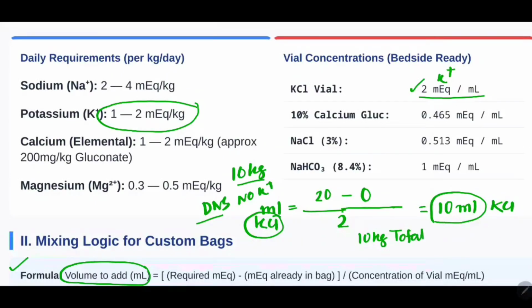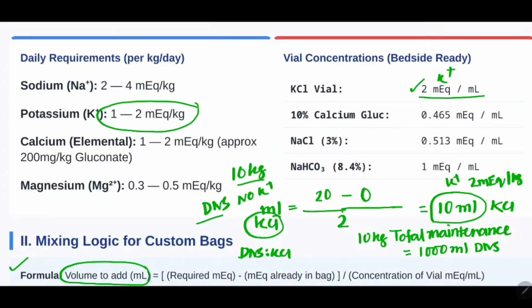Total maintenance fluid, according to the Holliday Segar formula, is 1000 ml. So 1000 ml of DNS and 10 ml of potassium chloride provide the 2 milliequivalent per kg daily requirement of potassium. So the ratio to remember on a daily basis is 1000 to 10, that is 100 to 1.